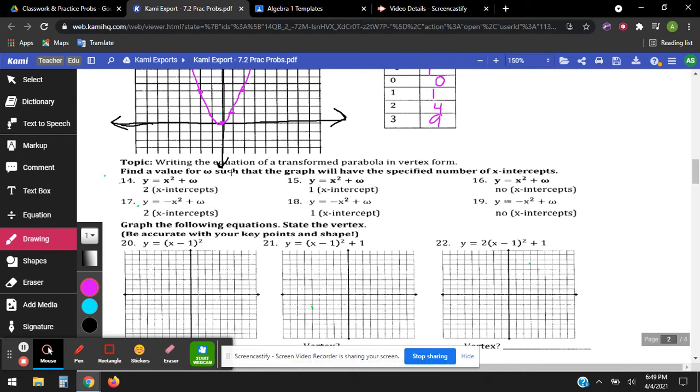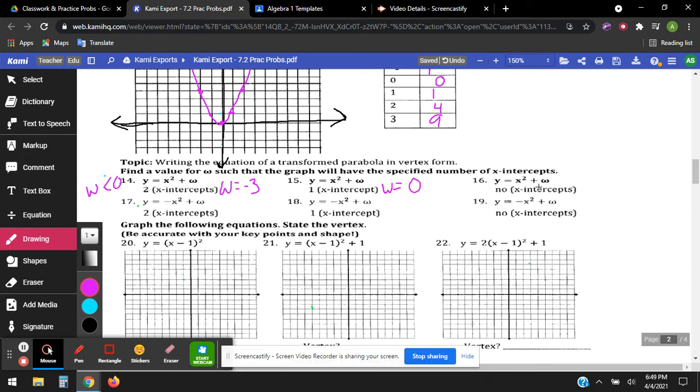If I move it down, then w can equal negative 3. Mostly, w just has to be less than 0, right? So it moves down. For 1 x-intercept, right now it has 1 x-intercept and I haven't added anything to it. So w has to equal 0 for that.